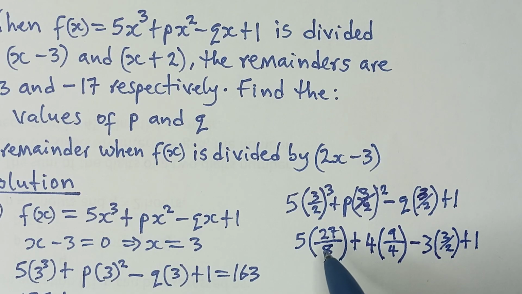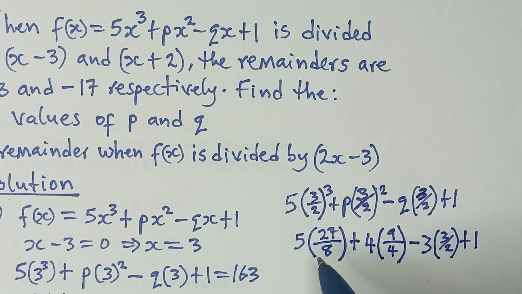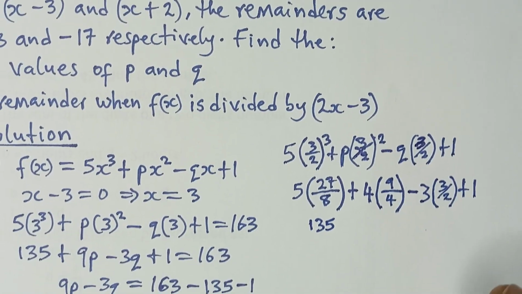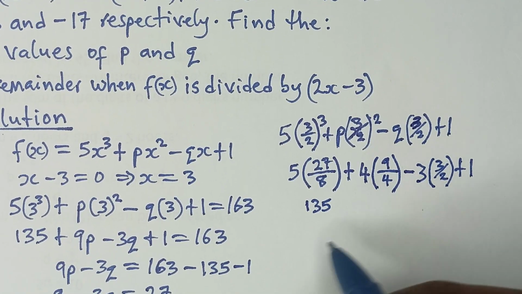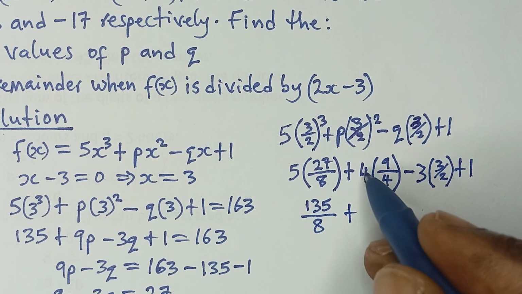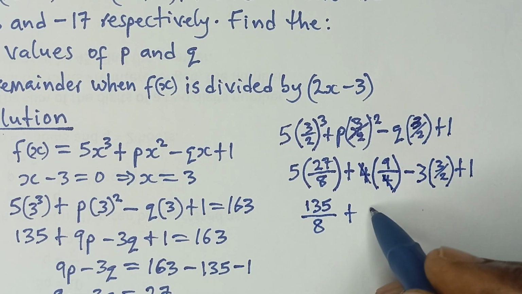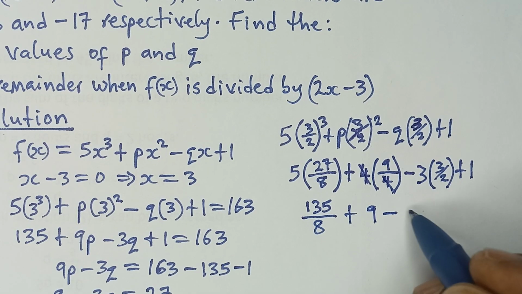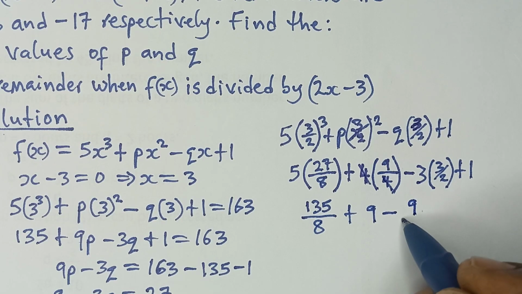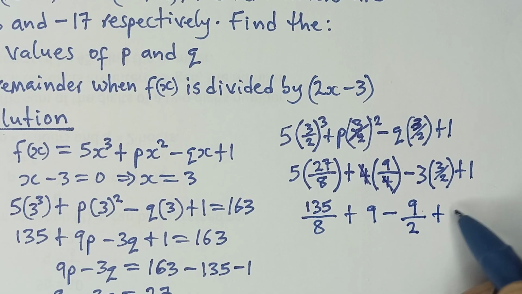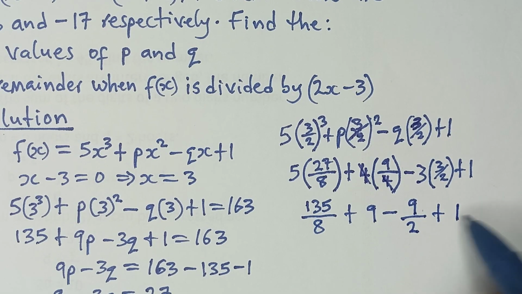So 5 multiplied by 27 is going to give us 135. So I have 135 all divided by 8, that is the 8 that I have here. Then plus 4, we cancel 4, and then we are left with 9 here. And then minus 3 multiplied by 3 is 9, all over 2, 9 over 2, and then plus this one, which is 1.